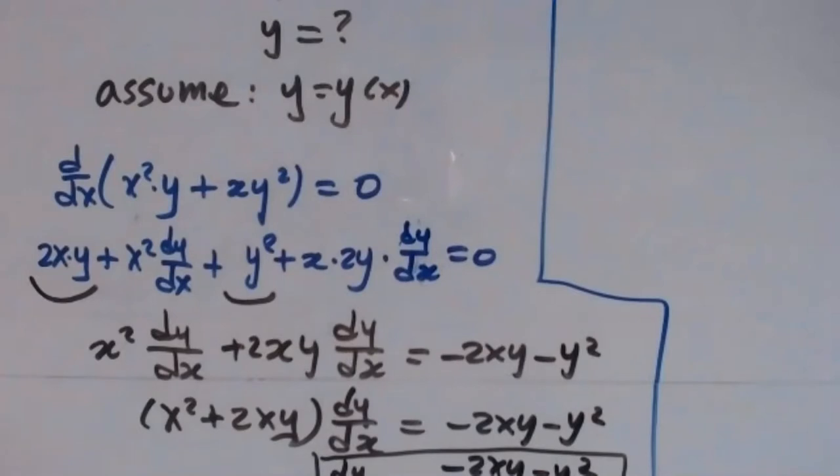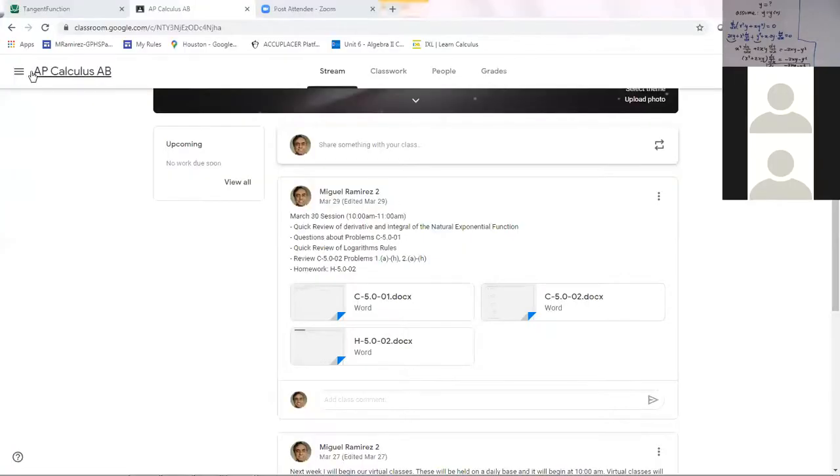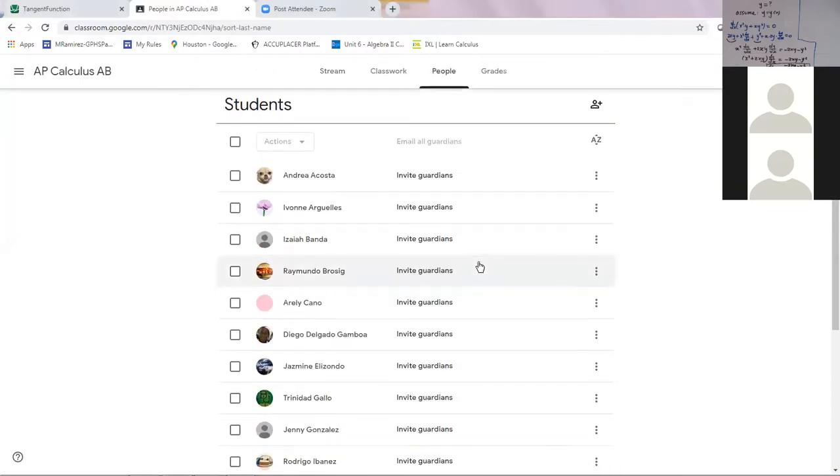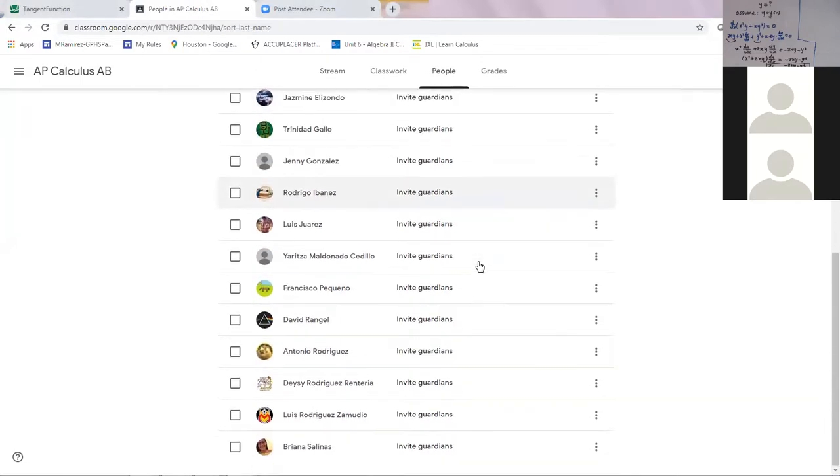Yes, let me show you. What is the Google Classroom? Right here. You see? I have here AP Calculus AB in the Google Classroom. I'm assuming you are enrolled, most of you. Here are the people enrolled, you can see your names.